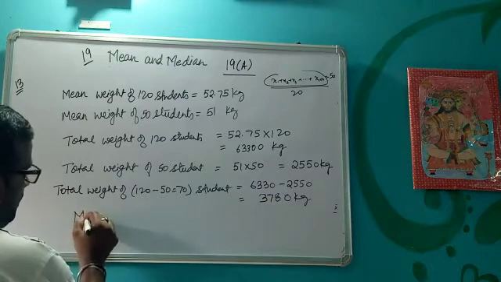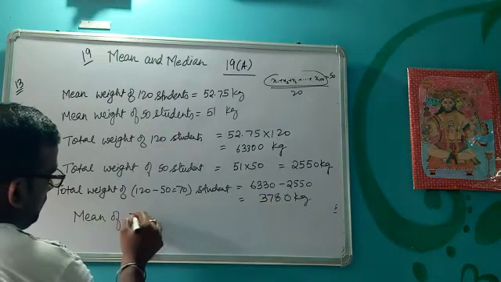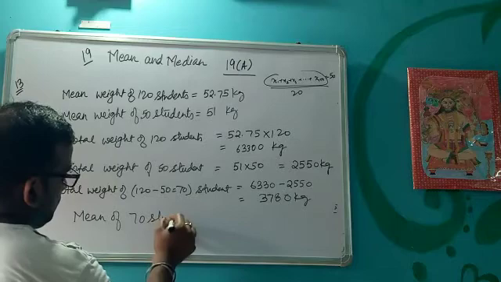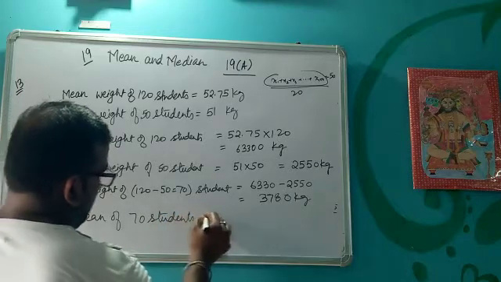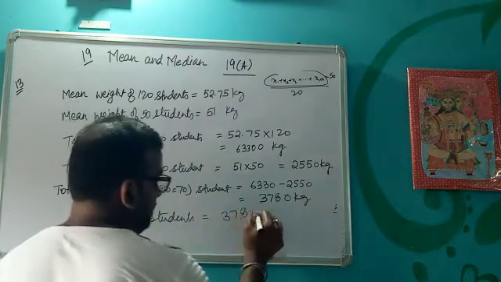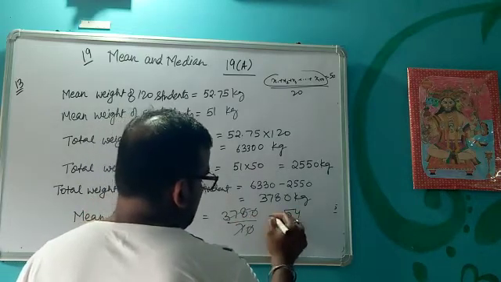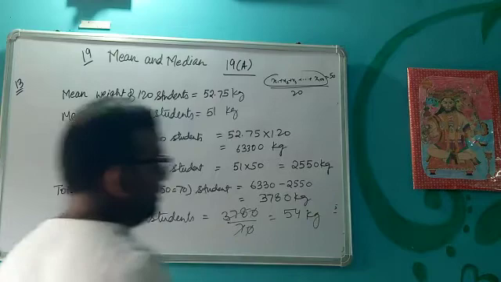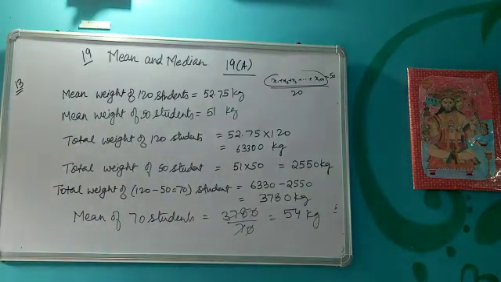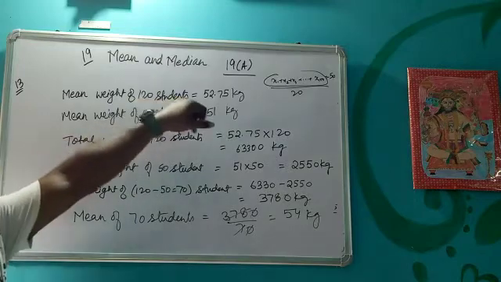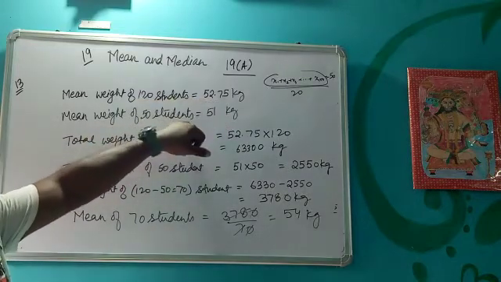Okay, this will be the total weight of 70 students. So now we will calculate the mean of 70 students. That will be 3780 upon 70, 54 kg. So this will be the mean of the remaining students. Okay, 120 students mean was there, then 50 students were there.